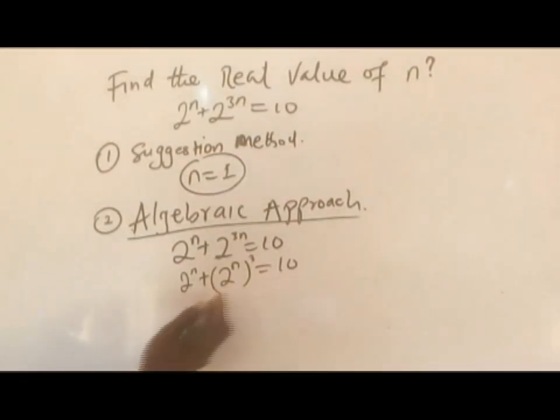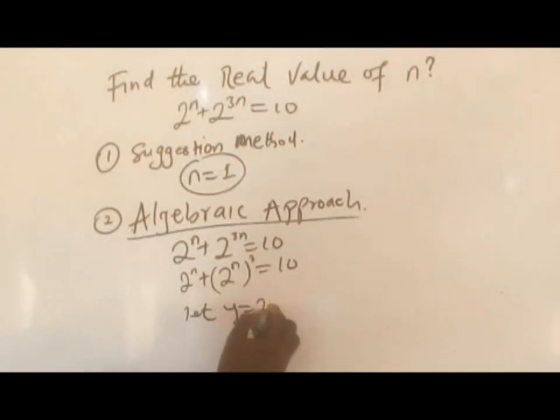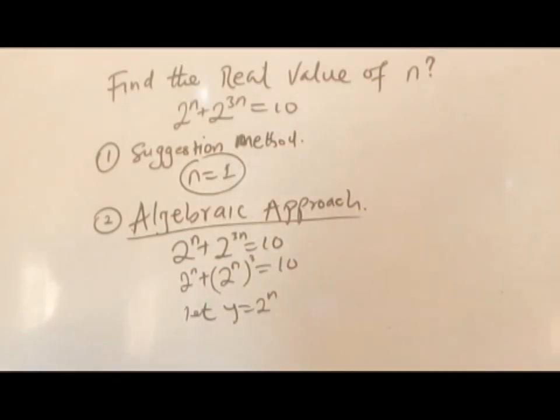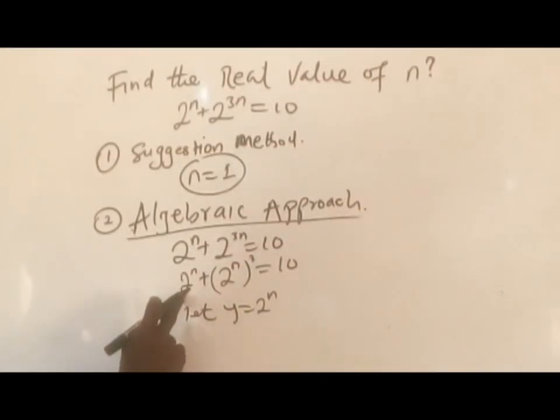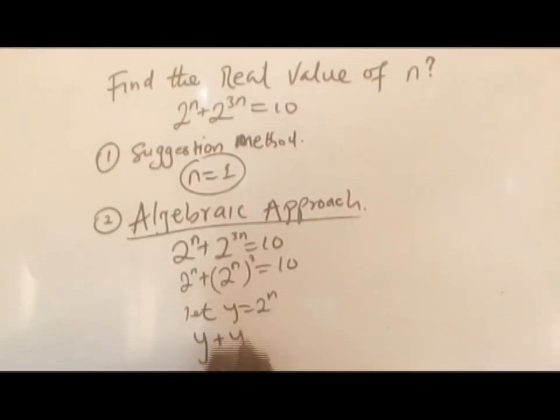Now, with equations like this, we can let y be equal to 2 to the power n, so that here we have y plus y cubed equals 10, because y is now 2 raised to n.